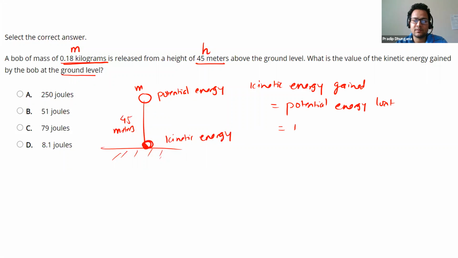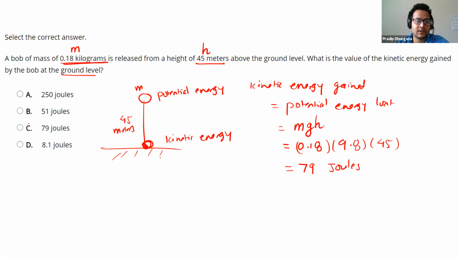And potential energy is mass times acceleration of gravity times height. Let's substitute these values: mass is 0.18, acceleration of gravity 9.8, and height is 45 meters. When we calculate that value, we get around 79 joules. So the correct choice is C, that is 79 joules.